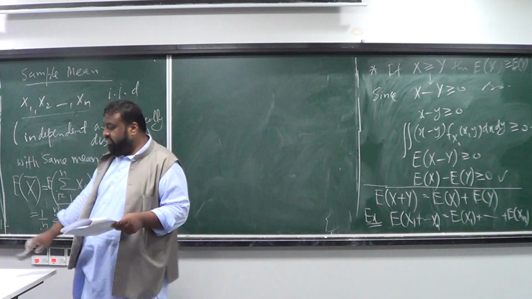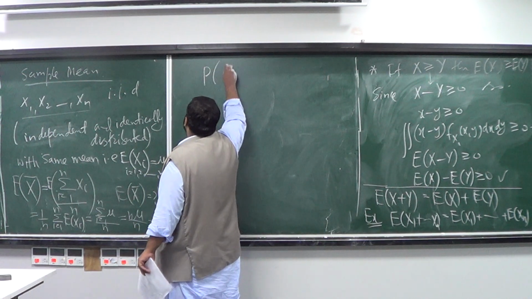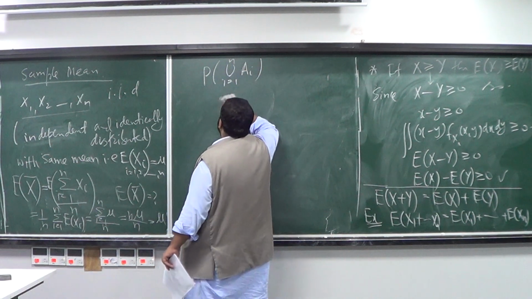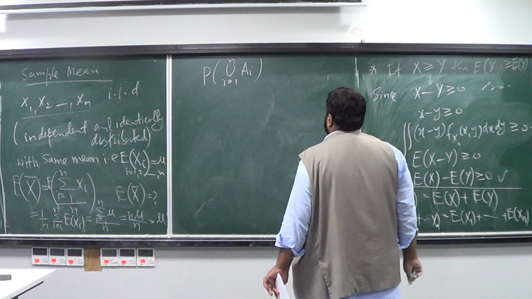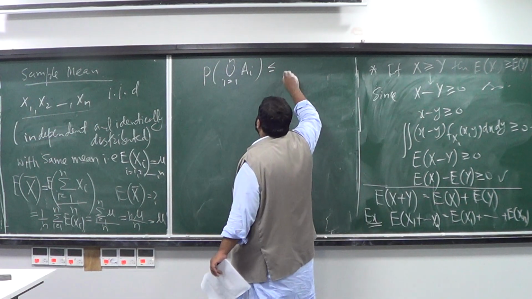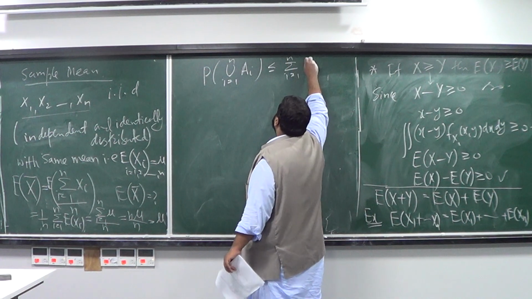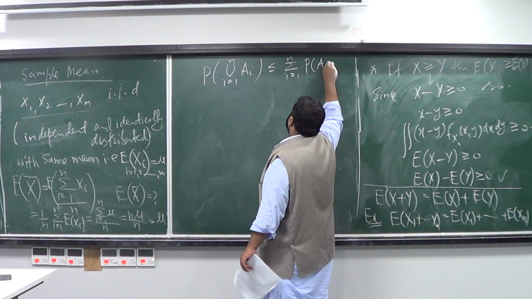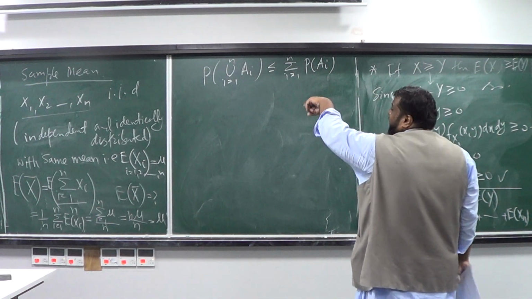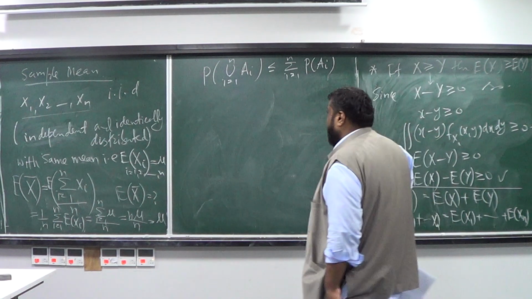If you remember, Boole's inequality for the finite union: imagine you have n events A_i, i equal to 1 to n, and you want to compute the probability of the union of the A_i. This probability of the union must be less than or equal to the sum from i equal to 1 to n of the probabilities of each one of the A_i.